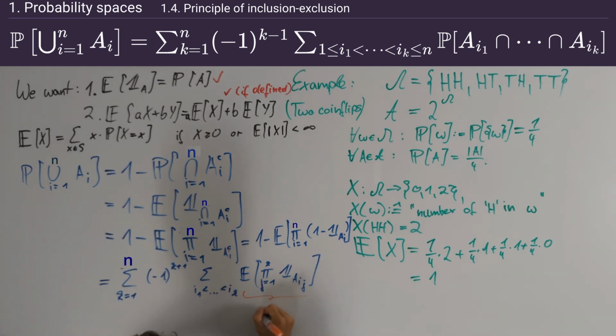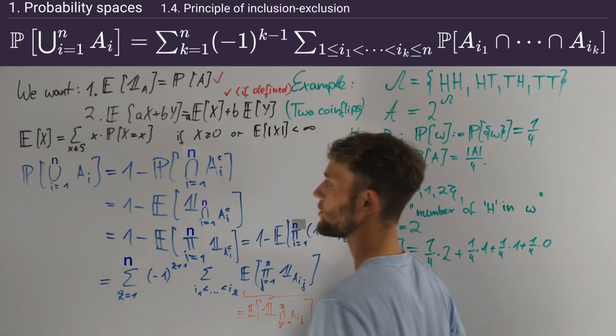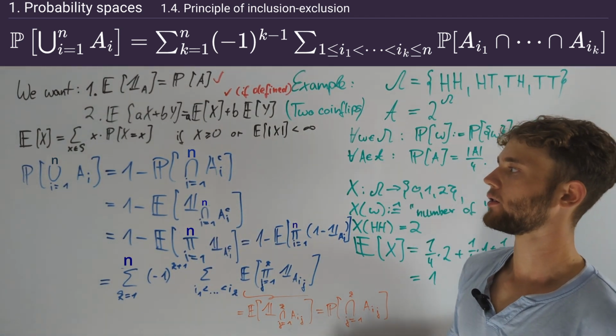Finally, we can rewrite this product of indicator variables as the indicator variable of the intersection of the corresponding sets. And now this expectation is just the probability of the intersection over j going from 1 to k of A_{i_j}. And although this was a pretty long one-line proof, I'm happy with it and will finish the video on the probability skill page here.